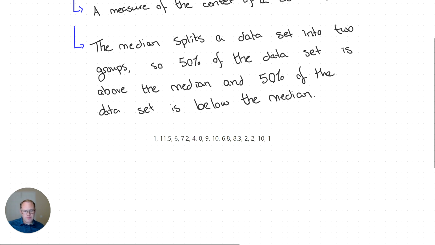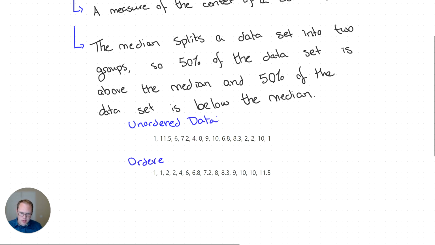First step, if we're going to do this by hand, is to put the data in order. So this is unordered data, and this is the same data in order.